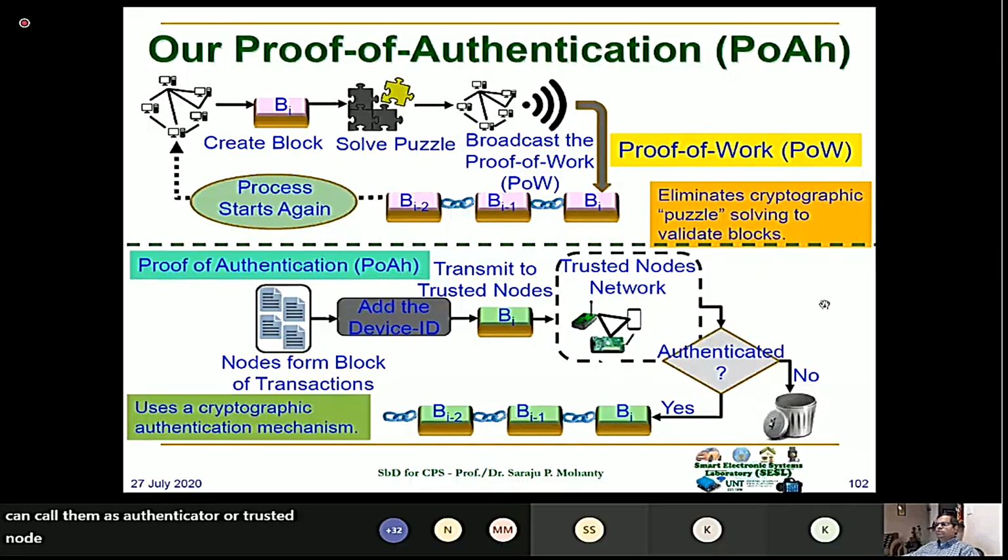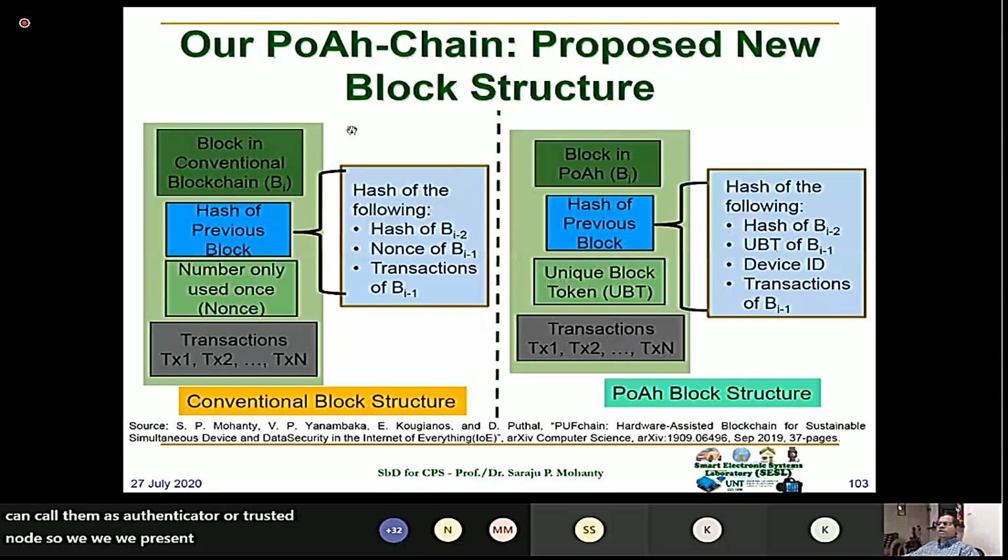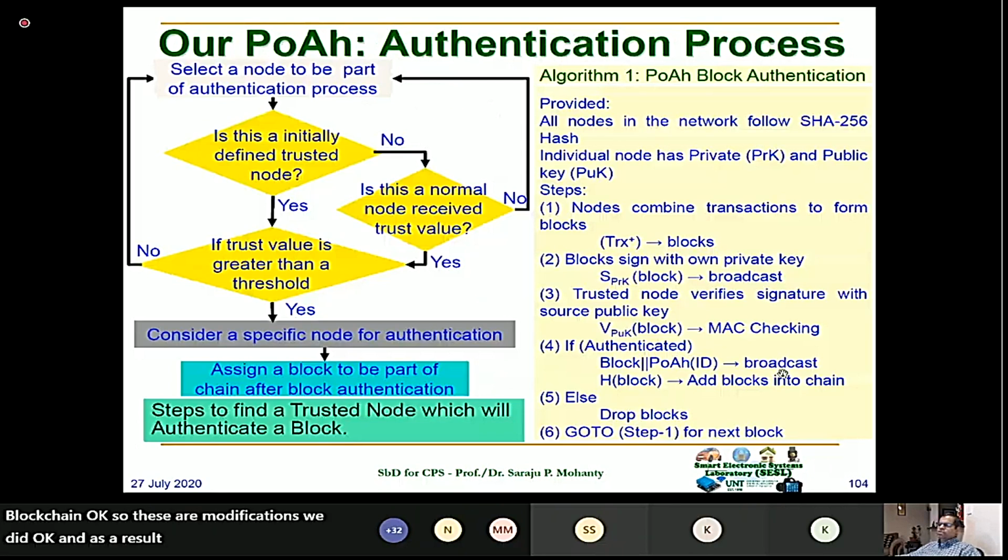As a result, we had to go back and change altogether the block structure of the blockchain. So these are the modifications we did, and as a result, we have a different block structure, and then here is the idea of the authentication process with the new blockchain, without proof of work, like a consensus algorithm, and how we achieve the trust and so on.